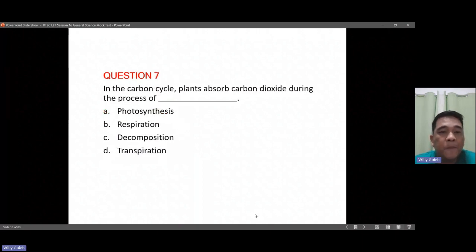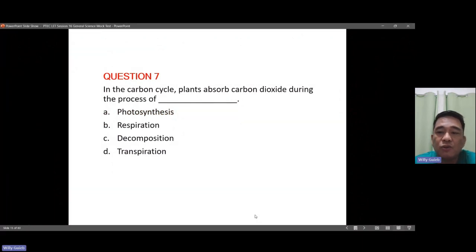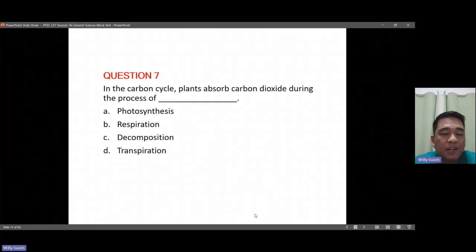Question 7, in the carbon cycle, plants absorb carbon dioxide during the process of plant? A, photosynthesis, B, respiration, C, decomposition, or D, transpiration. So keyword natin, plants absorb carbon dioxide in what process? Definitely, ang sagot natin dito ay ang photosynthesis.